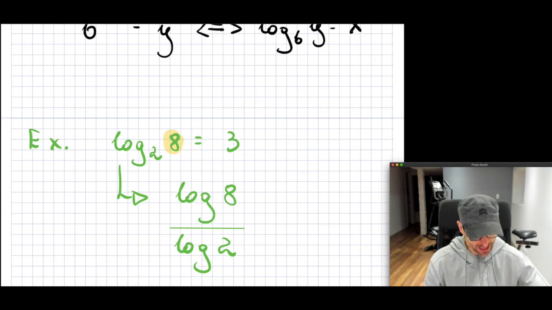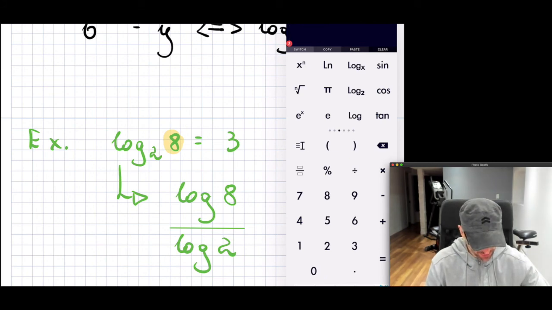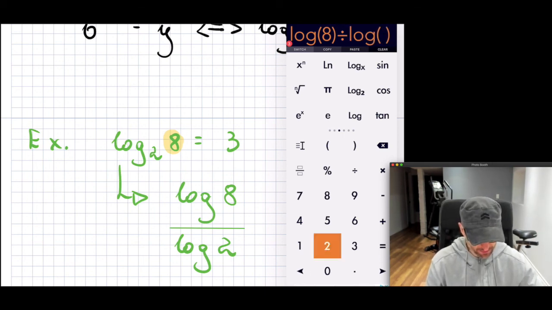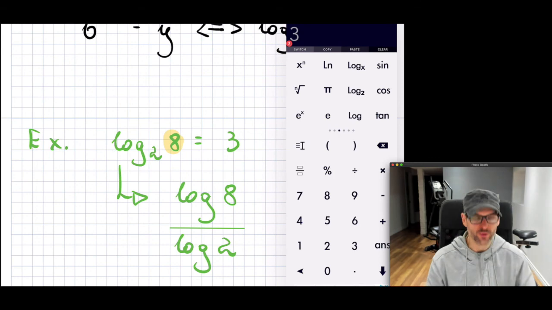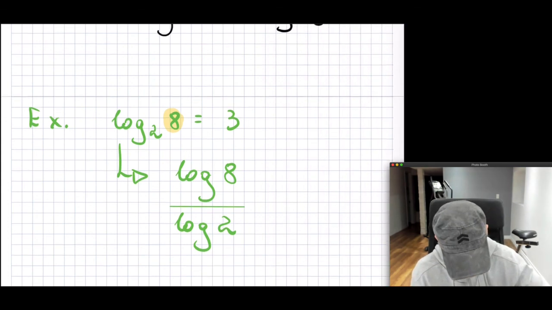So if you do not have the function with the base, then you have to use the log or the ln function and it will give you the same thing. For instance, if I put log 8 divided by log of the base 2, notice it gives you 3 back. So I encourage you to try it on a few examples, just to see how you would actually solve this.